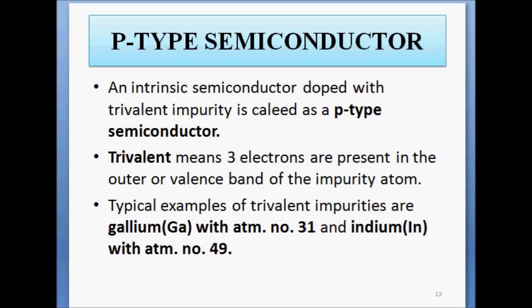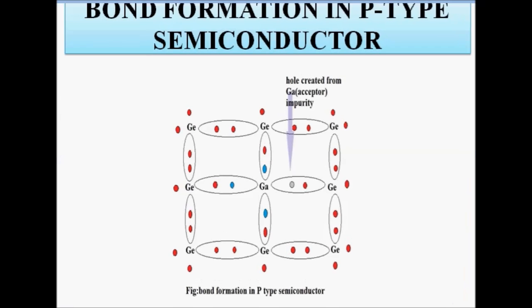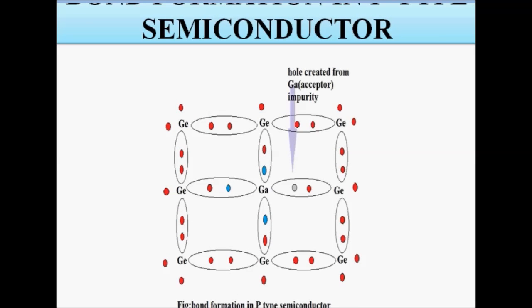So let's see the bond formation in p-type semiconductors doped with trivalent impurity. Here similarly the gallium trivalent impurity positions itself in between 4 neighboring germanium semiconductor atoms. We know that gallium has 3 electrons in its outer valence band.